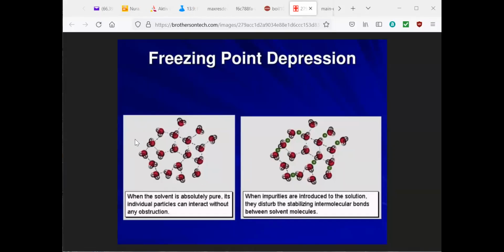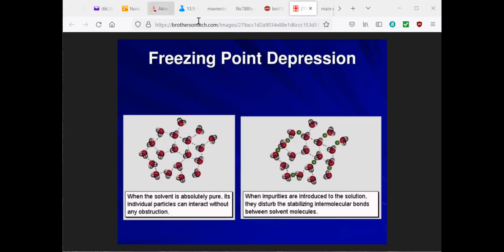So for example, when you're looking at just your pure solvent, you have all these interactions, like with water, between my hydrogens and my oxygens. But when I introduce my solute, these little green particles, it interferes with the intermolecular attractions here. And so it's harder for my water to organize to form my crystal.